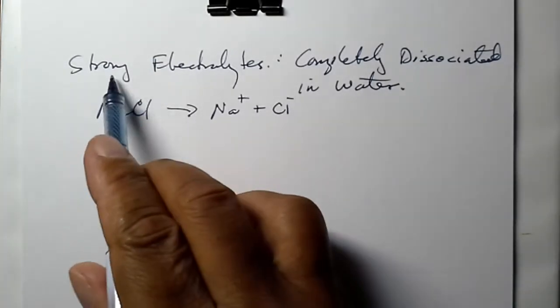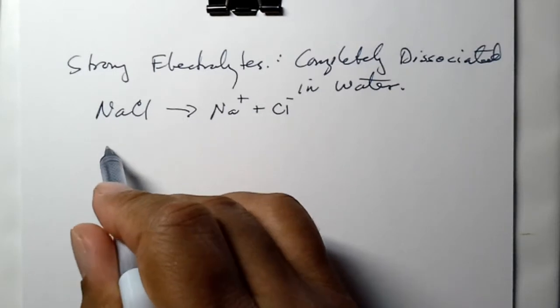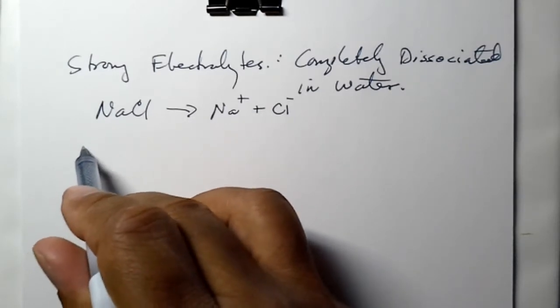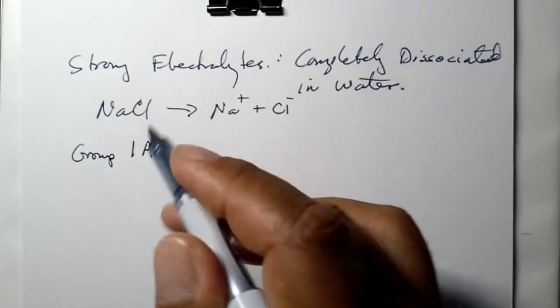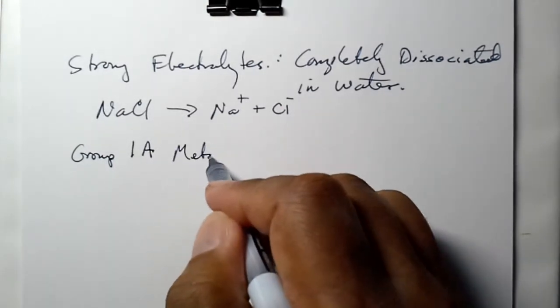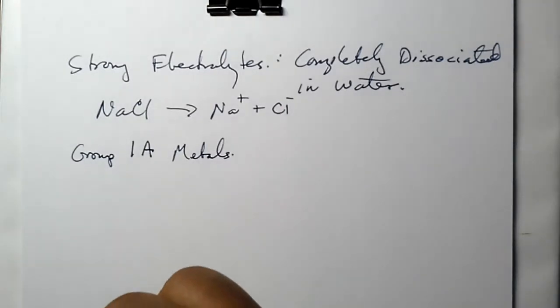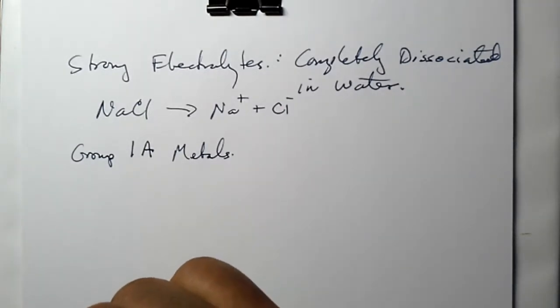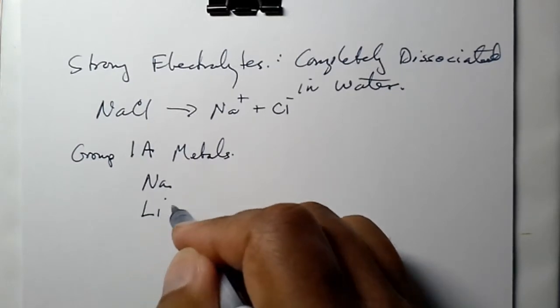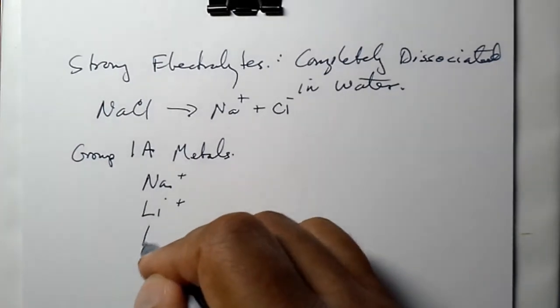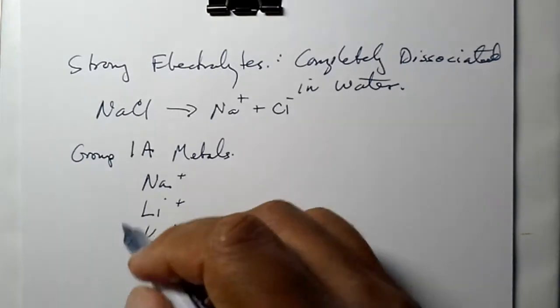And you'll find that most of the strong electrolytes are part of the group 1A metals. I gave you a periodic table. What do you find in group 1A? You find sodium, you find lithium, you find potassium, cesium.